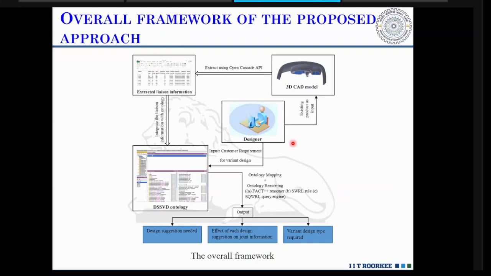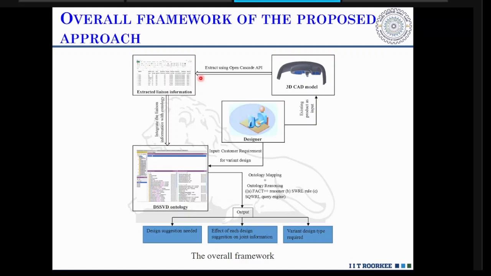This is again one of my PhD students who has developed this framework for this ontology-based approach. He has extracted the adhesively bonded assembly features. He has used the liaison framework for riveting, welding, bolt fastening, but earlier we had not addressed adhesive bonding.